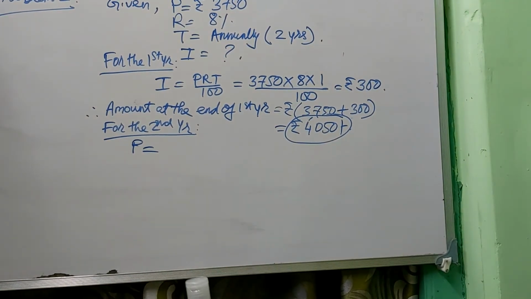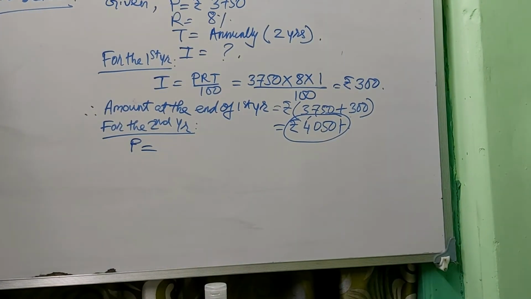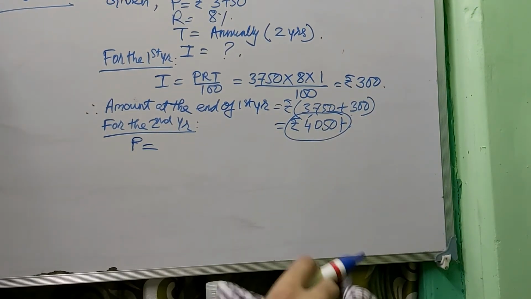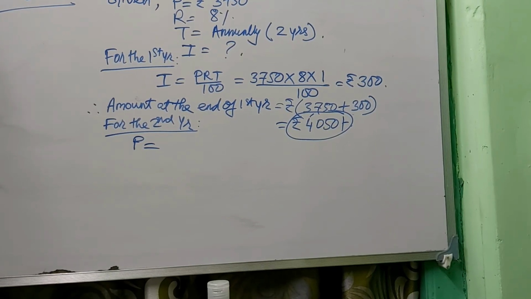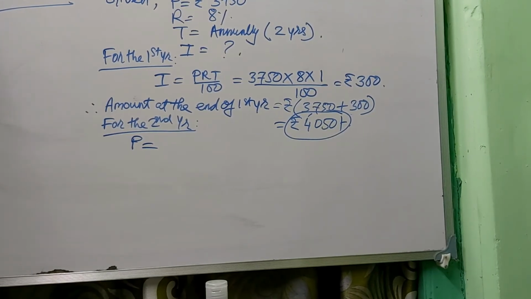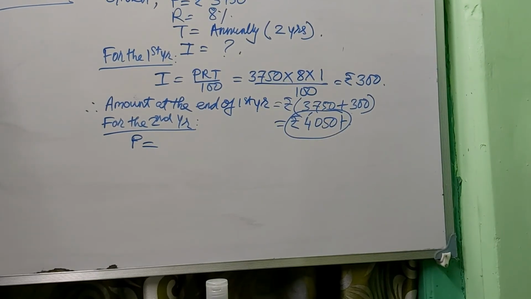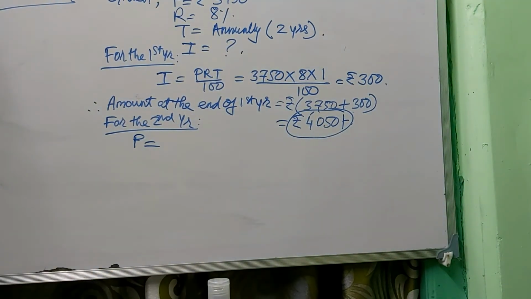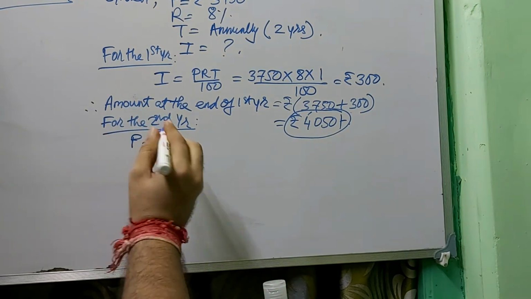Keep that in mind: compounded annually means it includes the amount of interest with the principal. So at the end of every year you have to add both the interest amount and the principal amount. So now it becomes 4050.